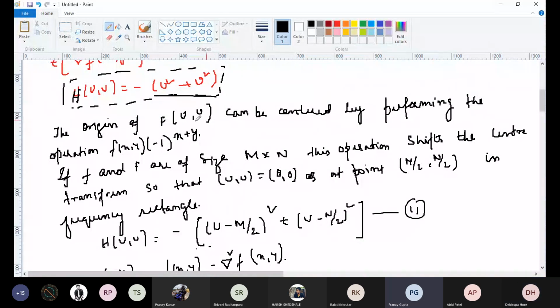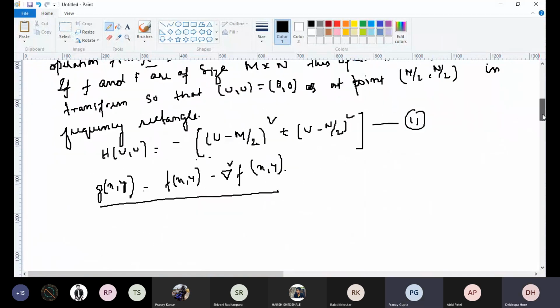It's square, right? Del square. Okay. Del square f.